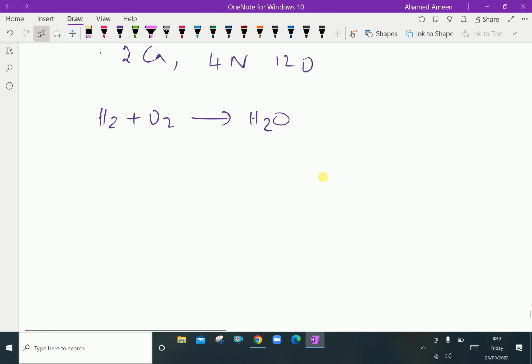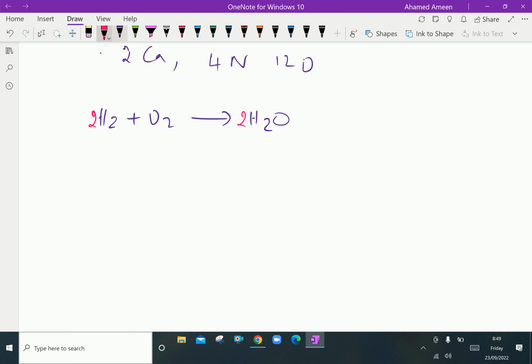So you have to multiply with 2. That means this 2 is common for both, 2H2O, and we have to balance the other too. Then H is 4 on that side, so it is balanced.